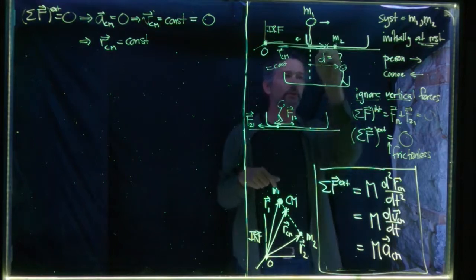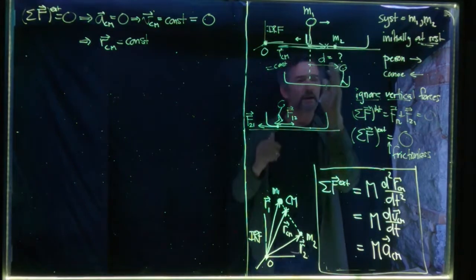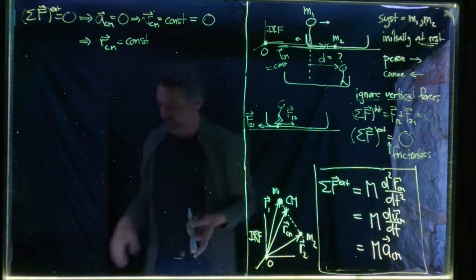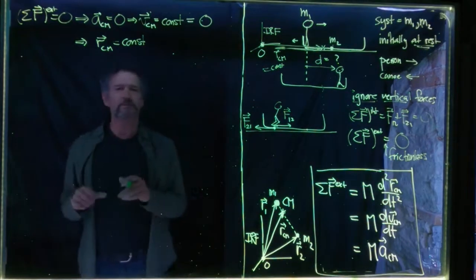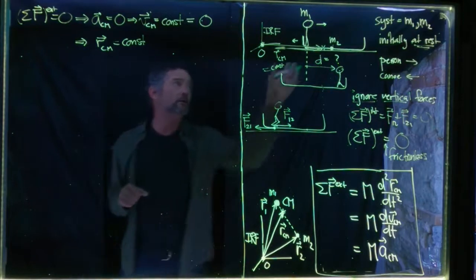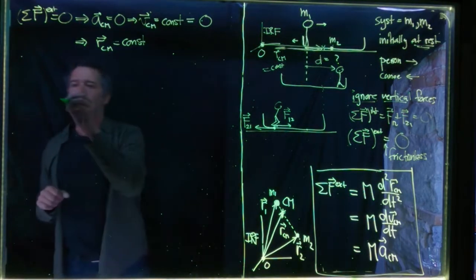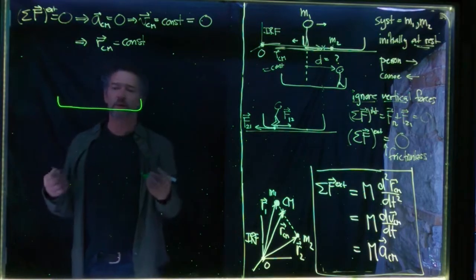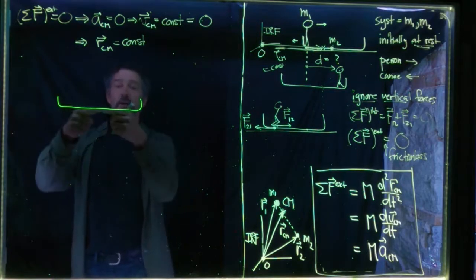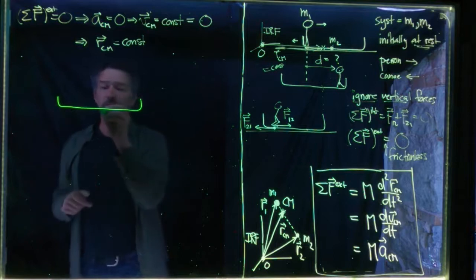And that's what's going to allow us to figure out what that distance d is that the person moves from their original position. So we set up the problem like this. In the initial situation, we've got a canoe of mass m2, which is effectively located at the center of mass of the canoe.